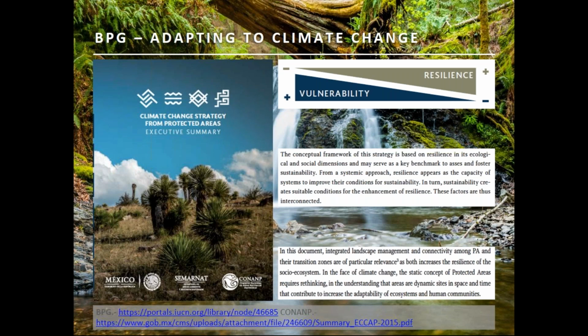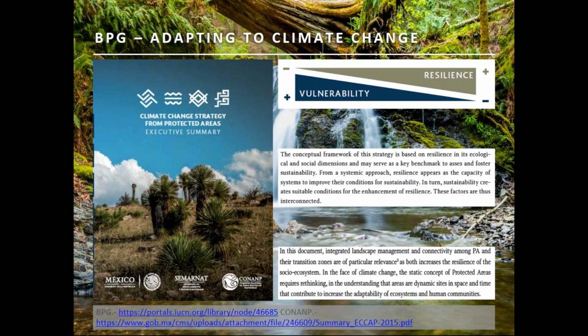So this tool, this example, I think it's very good. So you can learn more about it. And one of the elements of this strategy that was disseminated in an important way was the concept of resilience.